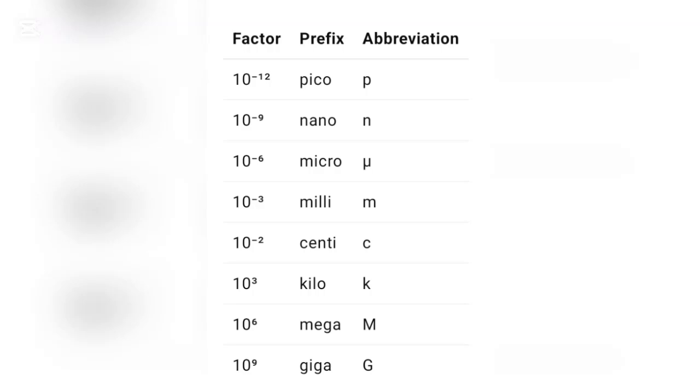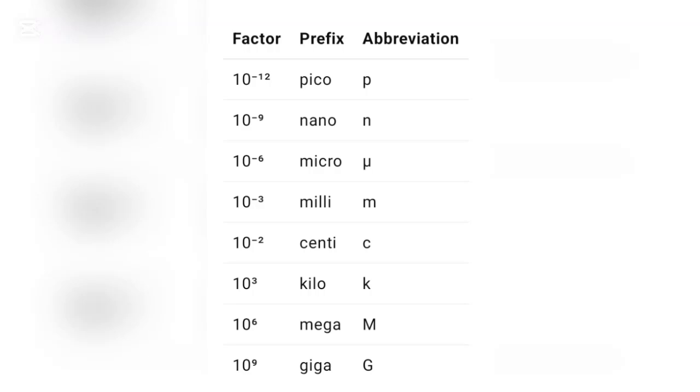So we have the factors as 10 raised to power minus 12, the prefix is pico, and the abbreviation is small letter p. Then we have 10 raised to power minus 9, nano, the abbreviation is small letter n. We have 10 raised to power minus 6, micro, and the abbreviation is a Greek letter mu.